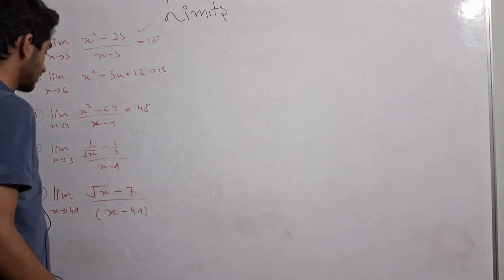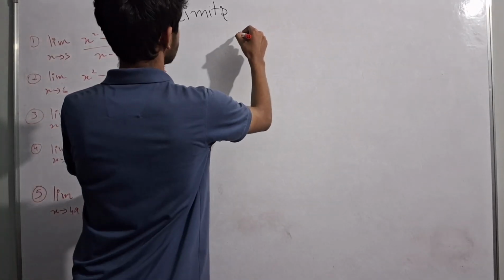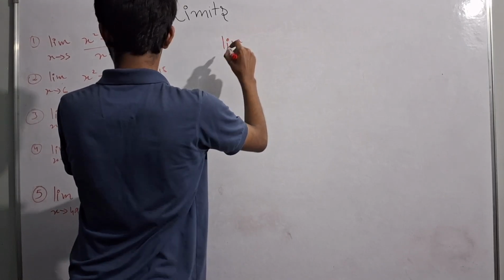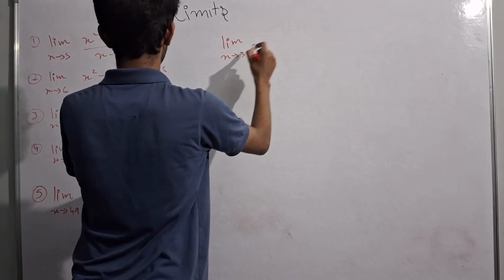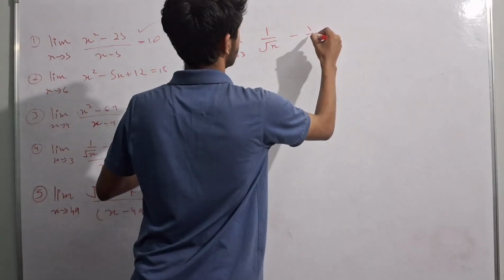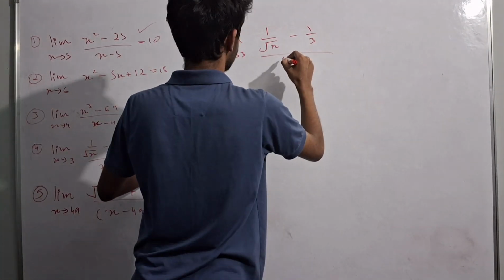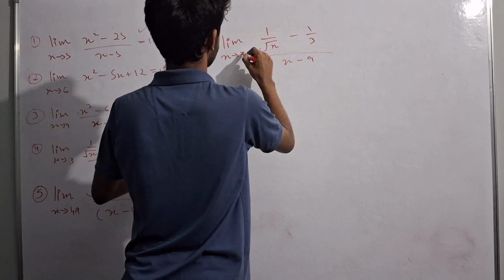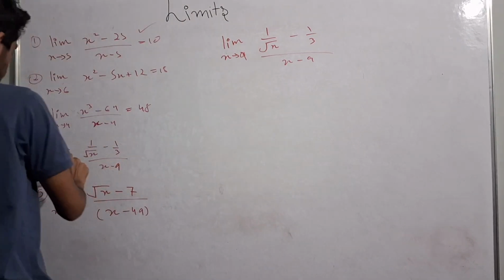So the third question is, limit x tends to 9 of (1 by root x minus 1 by 3) upon x minus 9. It's 9 actually, sorry.